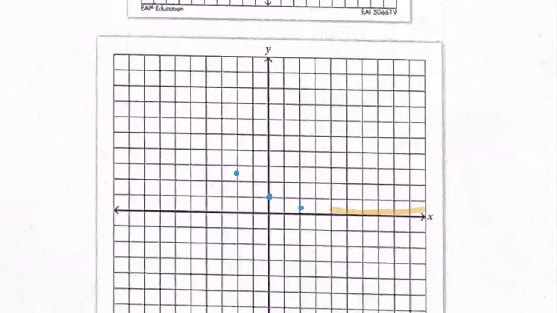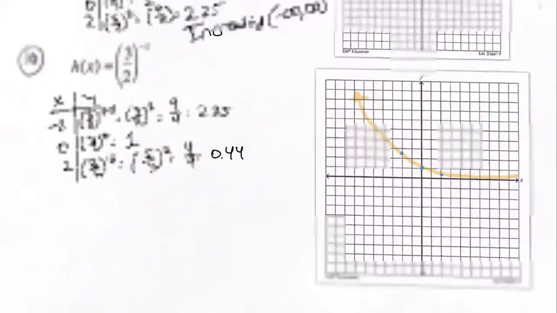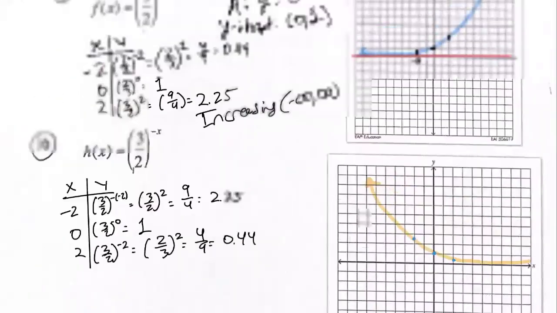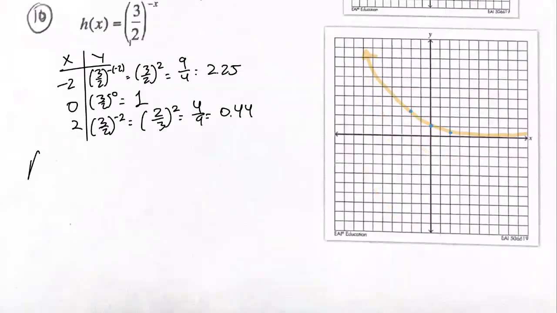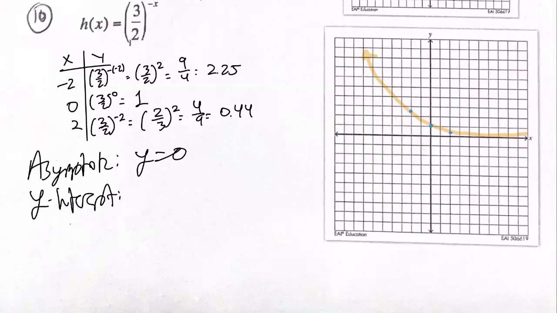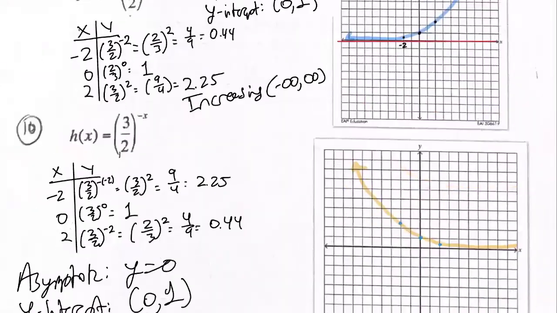So we have a graph that looks like this, roughly. Then we just solve the rest of the problem. The asymptote is y equals 0. The y-intercept is (0, 1), that's where it's crossing the y-axis.